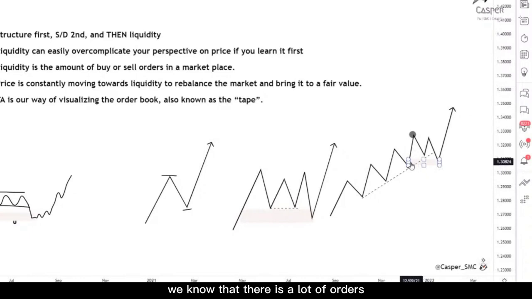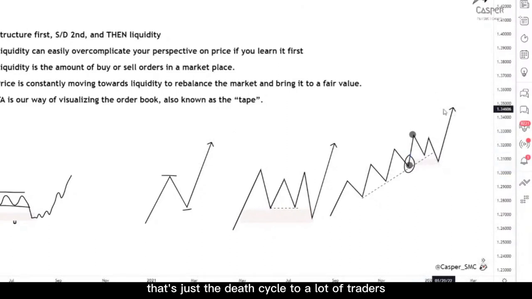In reality, we know that there are a lot of orders resting around this level, that supply zone, because smart money entered the market there. They spam the orders into the market. Price comes down, induces retail traders to go long again, takes them out. Then they go short, and then price goes back up. That's just the death cycle to a lot of traders.